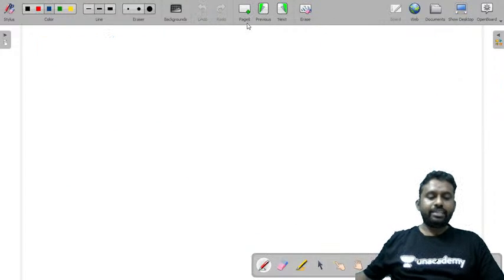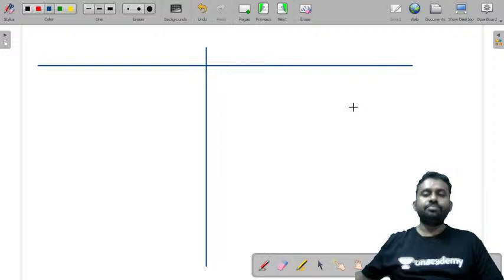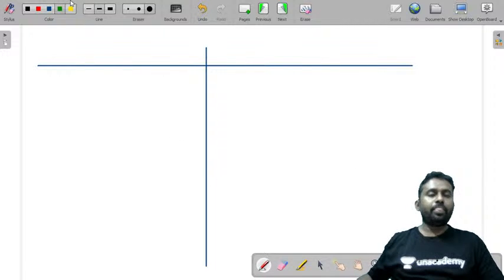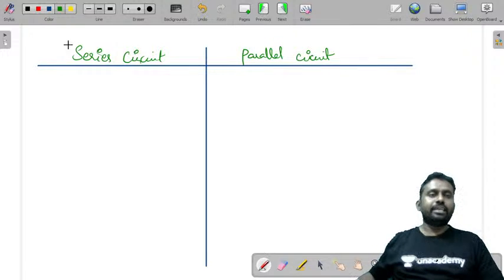Now let me write the comparison between series and parallel resonant circuit using some terms, using some parameters. We will write this series and parallel resonant circuit with some parameters.